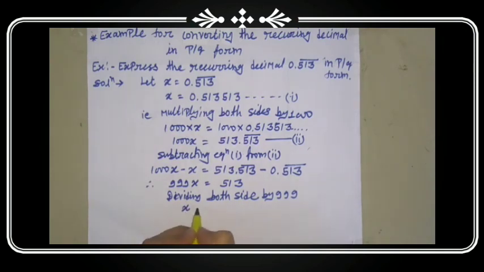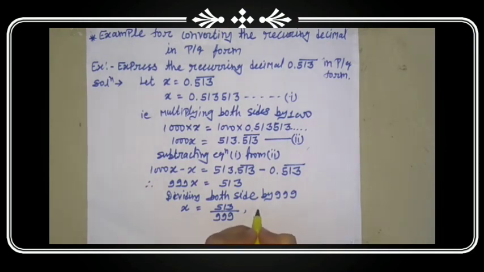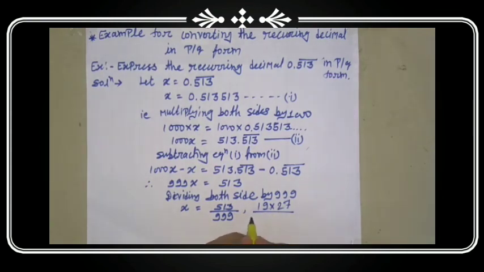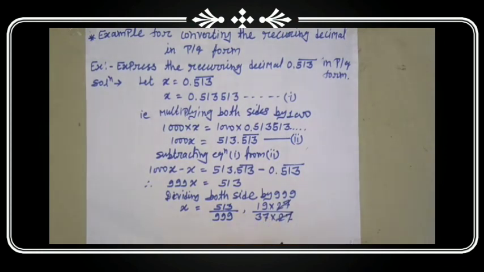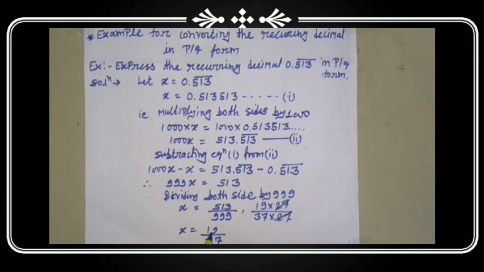Therefore, x equals 513 divided by 999. Its simplest form is 19 into 27 divided by 37 into 27. 27 cancels. Therefore, x equals 19 divided by 37. Thus, we get the p by q form of the given number as 19 divided by 37.